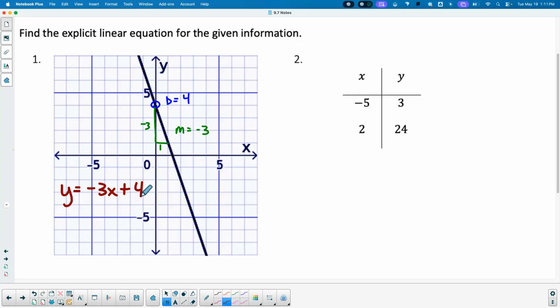I got y equals negative 3x plus 4 for the first graph. Questions, comments, concerns, clarifications?